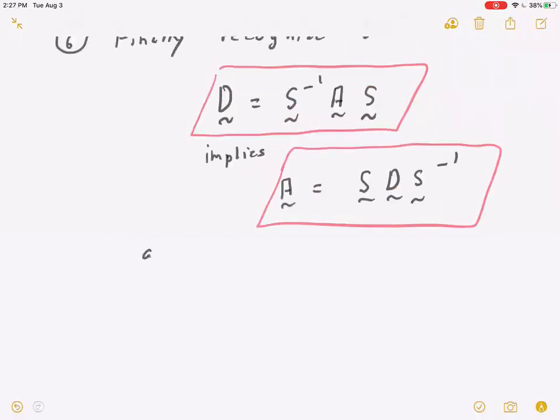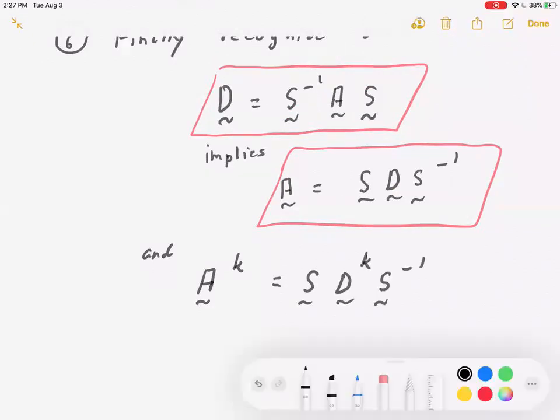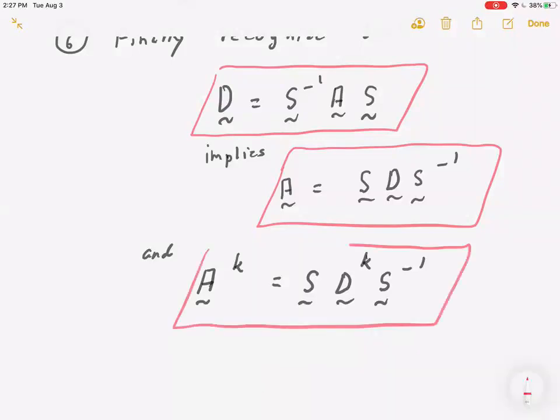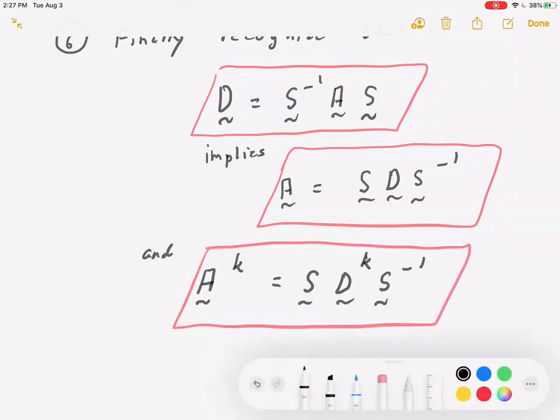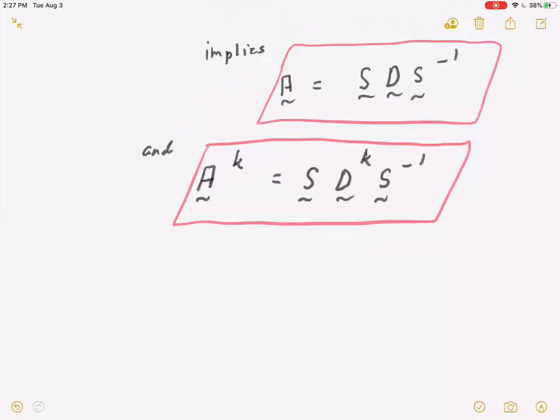And we've shown that A raised to the kth power does nothing to the matrix S or its inverse. It does do something to the diagonal matrix. So we have a relatively easy way to evaluate this.